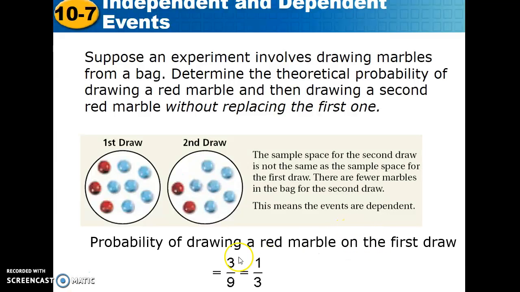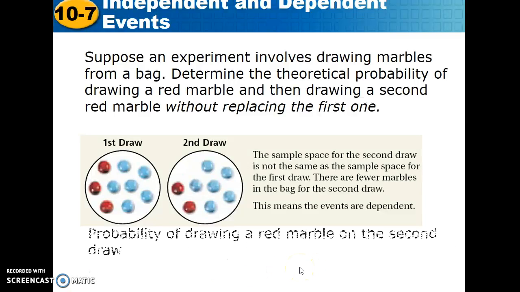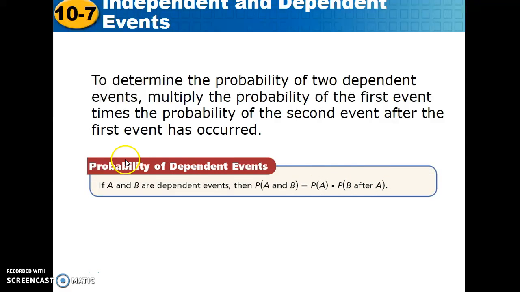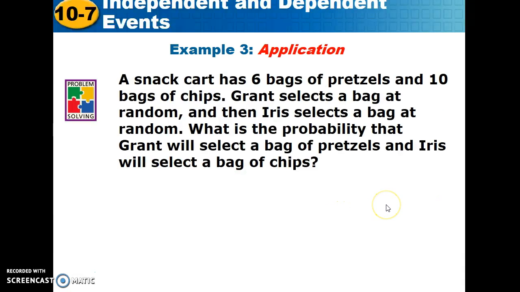So the probability of drawing a red in the first is 3 out of 9, or 1/3. And the probability of drawing a red on the second draw is 2 out of 8, or 1/4. And we have a little different formula for dependent events. If A and B are dependent, then the probability of A and B happening is equal to the probability of A, that first event, drawing the red marble when all of the marbles were there, multiplied by the probability of B after A.